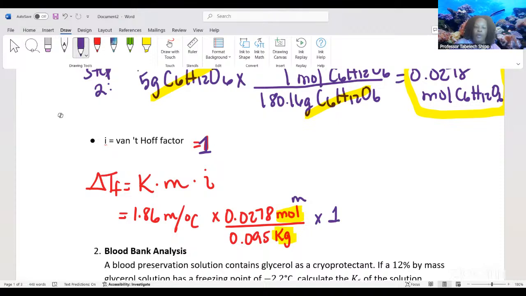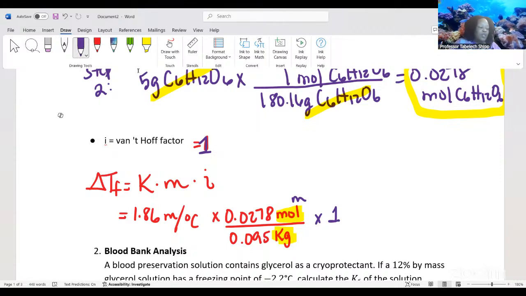The reason I'm saying that is so that you know that the m's are going to cancel out, because remember, you're trying to calculate your temperature, your delta T, your freezing point. So you have to make sure that you're canceling those out.